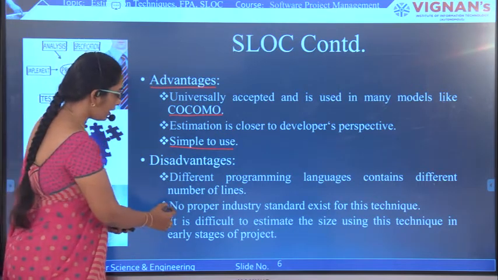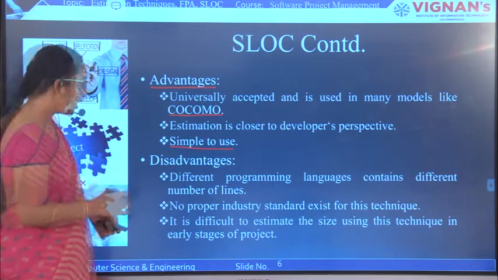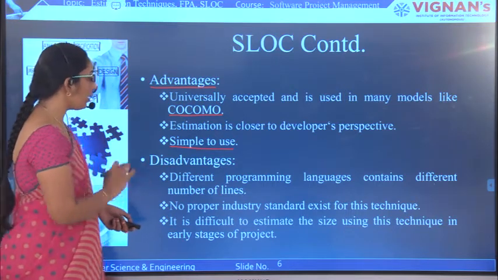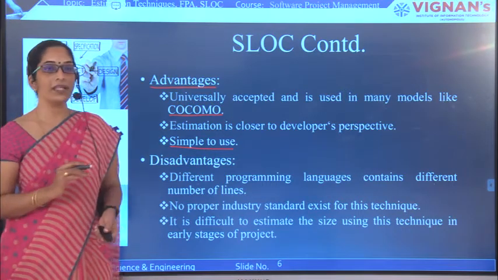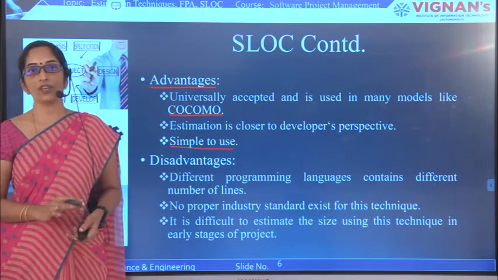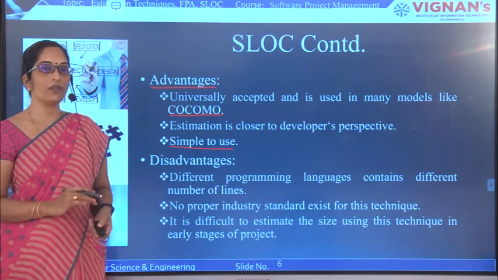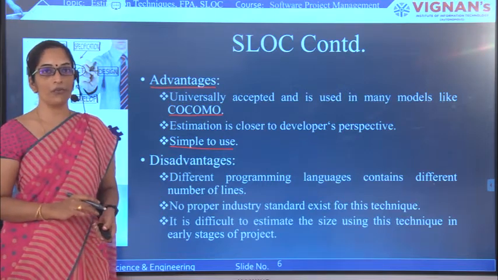Another one is that no proper industry standard exists for this estimation. And one more important disadvantage of SLOC is that it is difficult to estimate the size using this technique at the early stages of the project. So that is also one of the drawbacks of using the source lines of code technique.